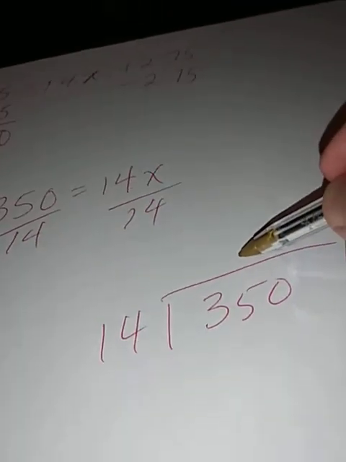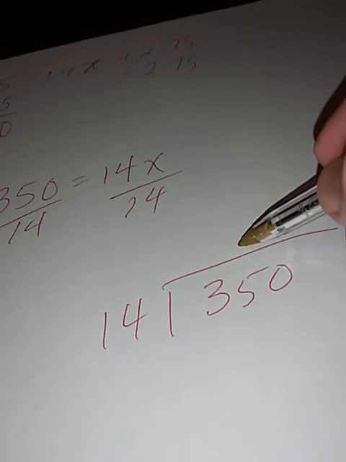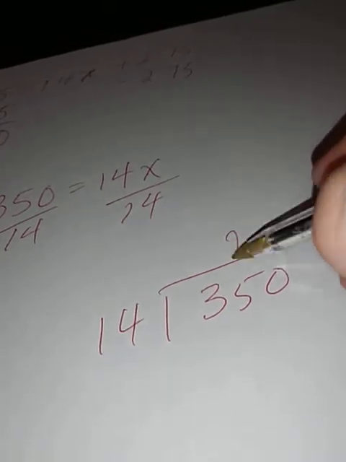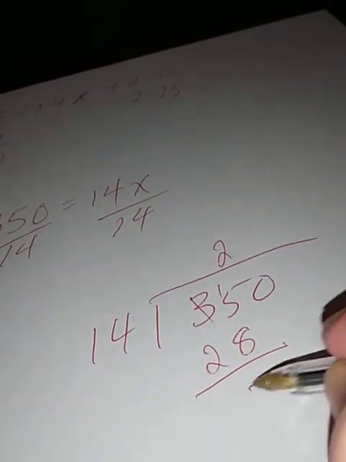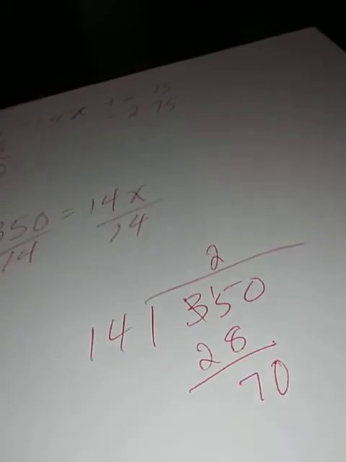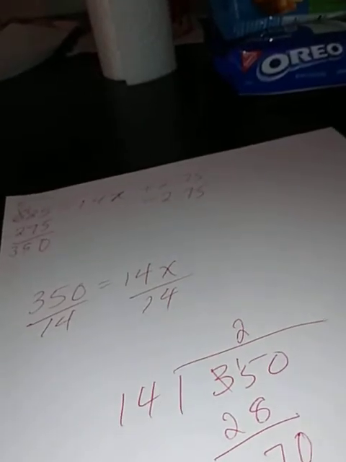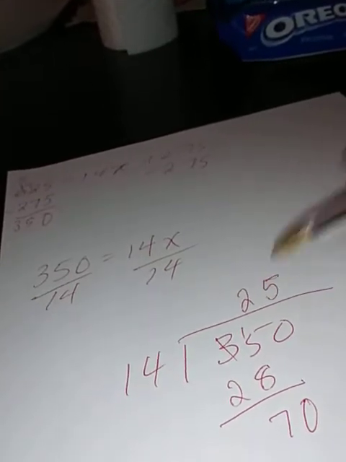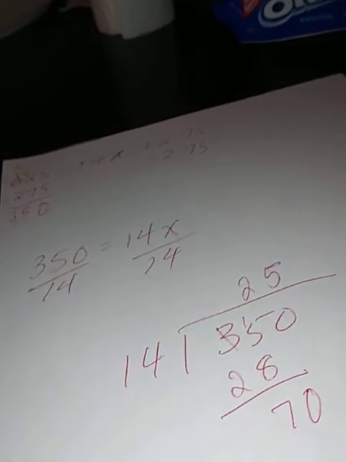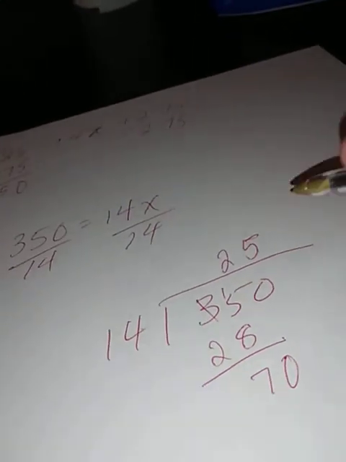Okay. 14 into 350. This goes twice. 28. 7. 14 into 70. 5. 5 times 4 is 20.